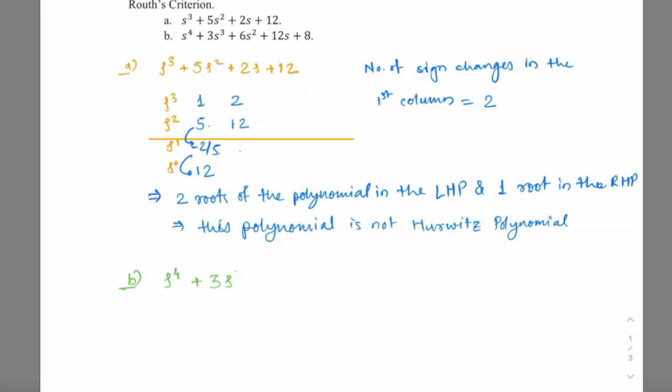Oh, my bad. Yes, 6 into 3 is 18 minus 12 over 3, equals 6 over 3, that is 2.